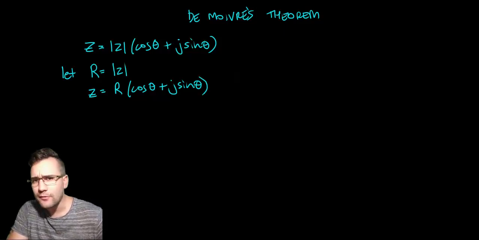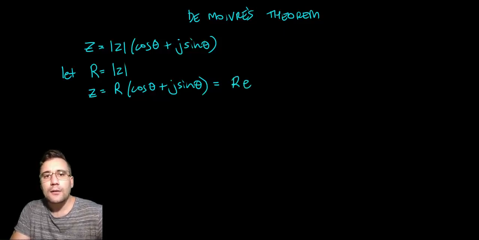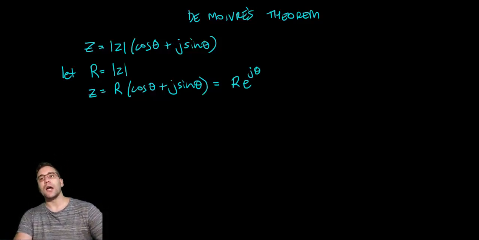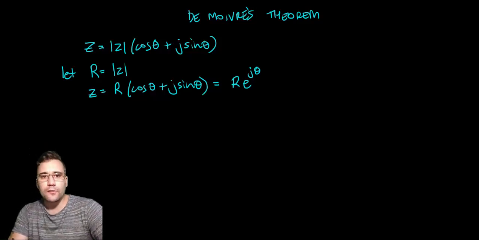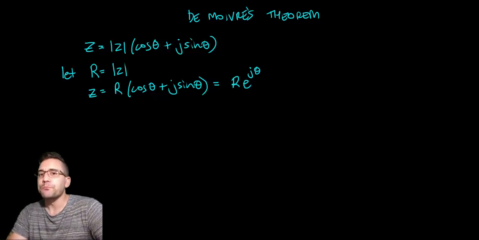I think this was a couple of videos ago, and then we said this is equal to r times e to the power of j theta, right? These things are absolutely equal. We didn't rigorously prove it, however, we did hopefully give you a bit of intuition for why this is.